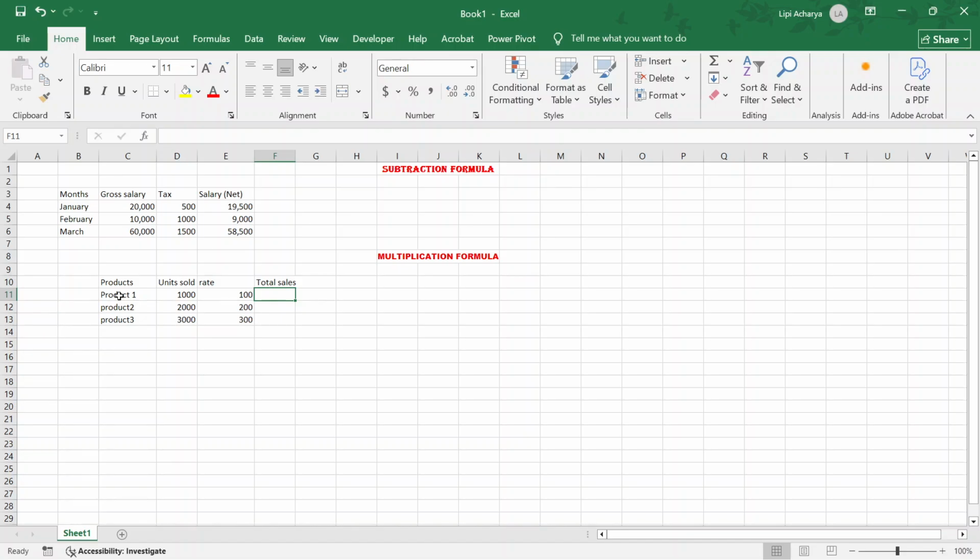Okay, so a very easy method. Equals to, units sold first one, then I have to give a multiplication sign, then rate, and before that I have to close the bracket. Don't forget to close the bracket. Okay, and enter. You will get the answer.